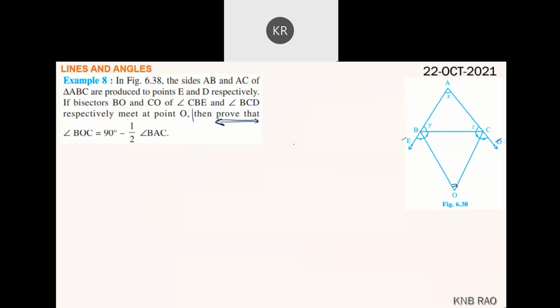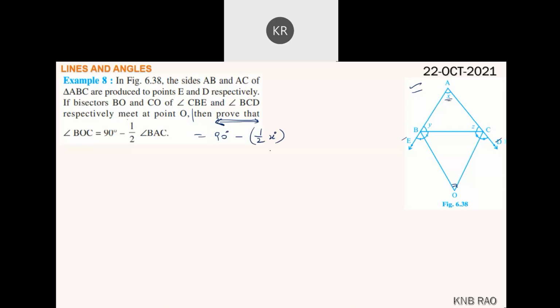So you have to observe the right one. Remember the figure, and remember the proof here too, very important. Angle BOC is 90 minus half of the opposite angle, this x. 90 minus half of x degrees. That is what they are saying.